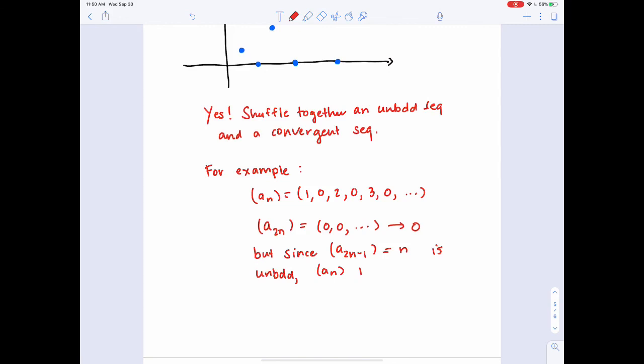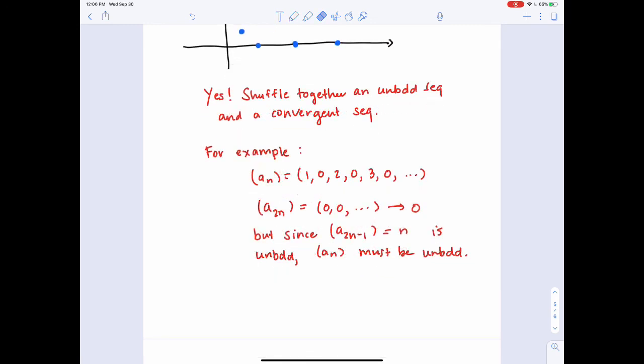Overall, a_n must be unbounded. If you have a subset of values in your sequence that is unbounded, then that subset lives in the larger set, and so the larger set can be proven to be unbounded as well, using the same values that you use to prove the subsequence is unbounded.